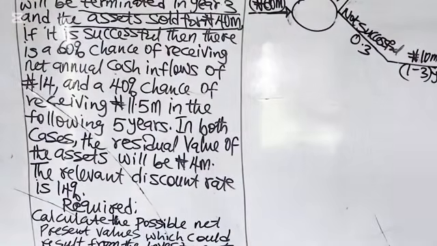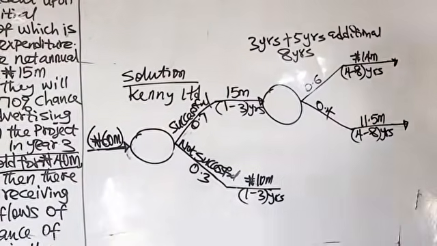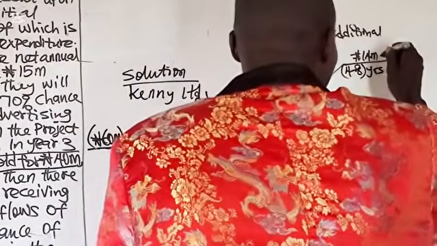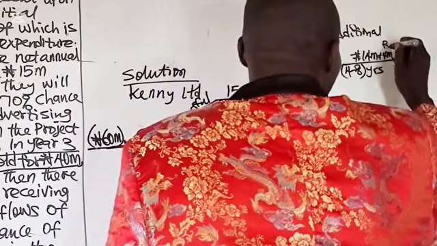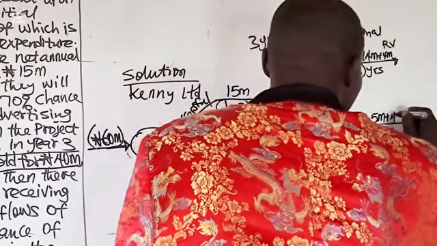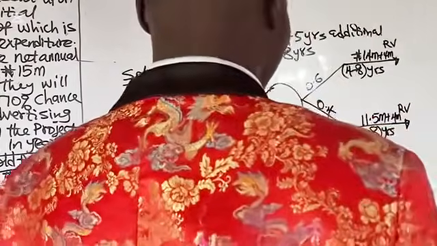In both cases, the asset has a residual value of 4 million naira. So if the residual value is 4 million naira, that means you have plus 4 million naira as residual value.